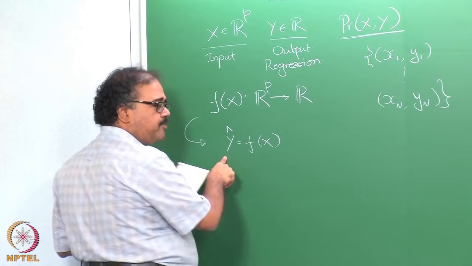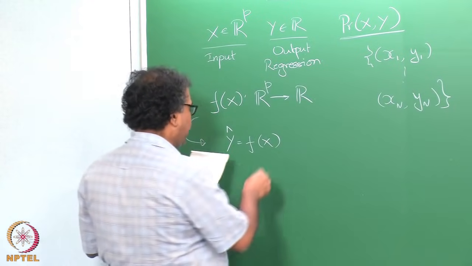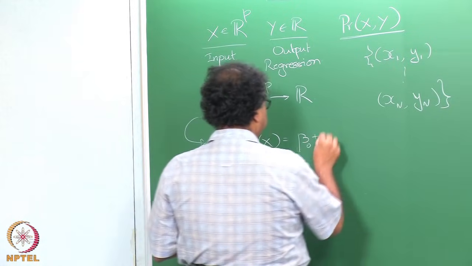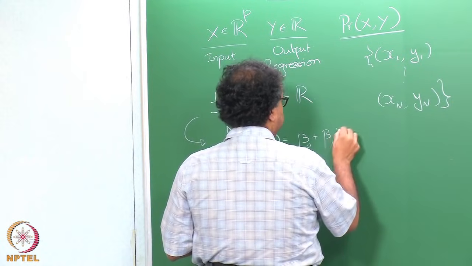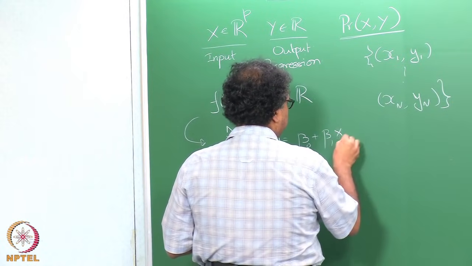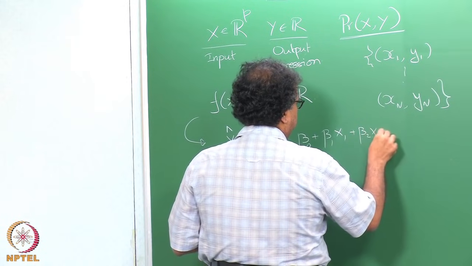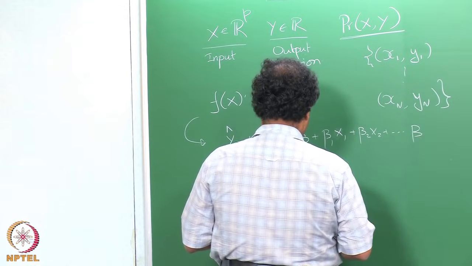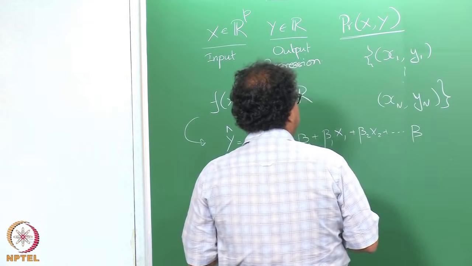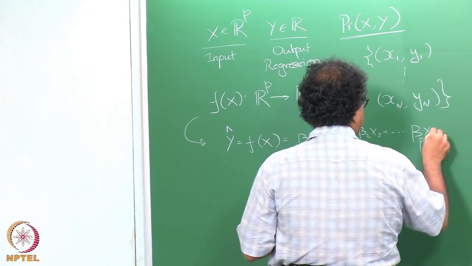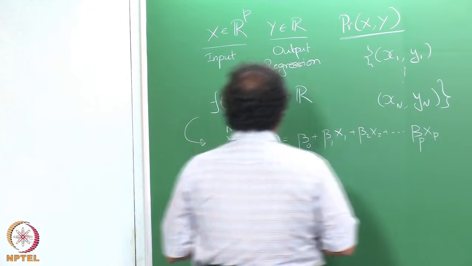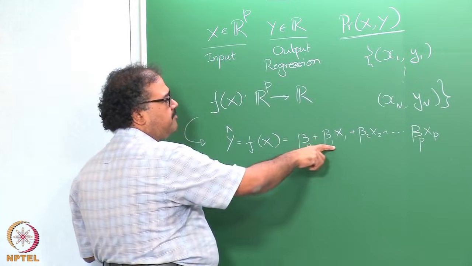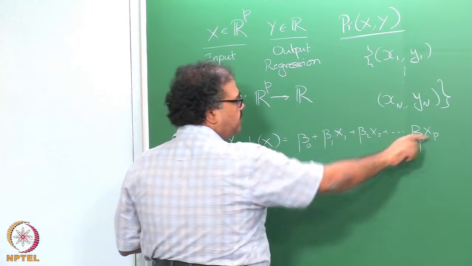Given an x, I am going to predict a label y hat, and that is going to be given by beta naught plus beta 1 x1, beta 2 x2, all the way up to beta p xp.